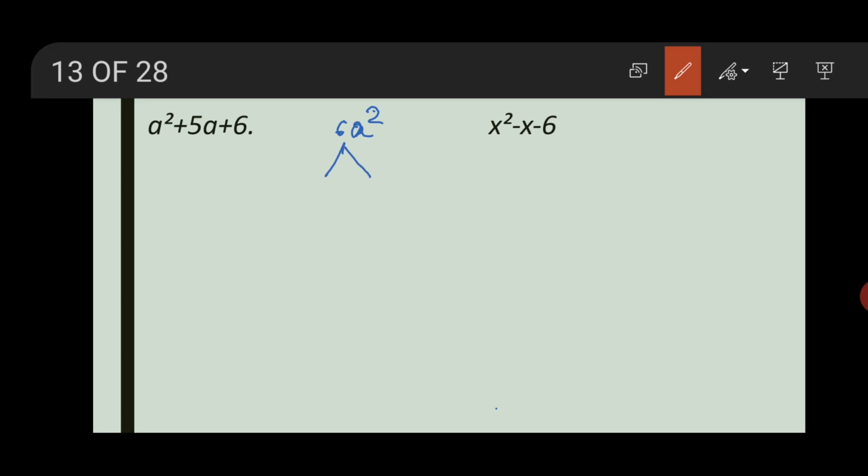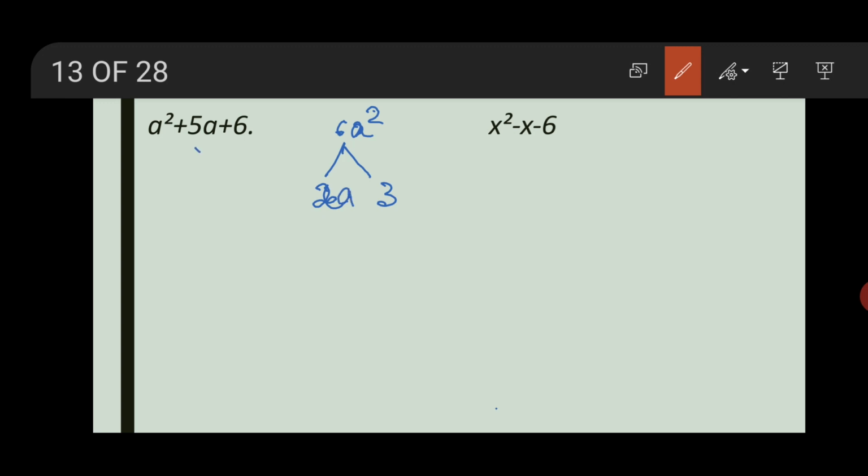Which two terms will give you on multiplication 6 as well as sum as 5? Yes, 2 and 3, 2 threes are 6, 2 plus 3 is equal to middle term 5.